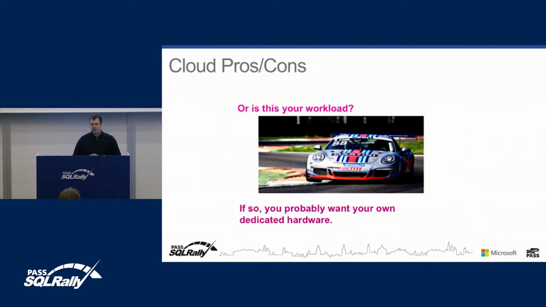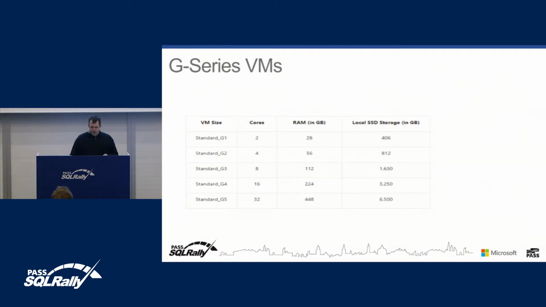The I/O performance was atrocious. I think you were guaranteed like 50 IOPS on a volume. So even to get to some reasonable level of IOPS, you had to span your data files across many data volumes. Well, starting late last year, we got these G-Series VMs.